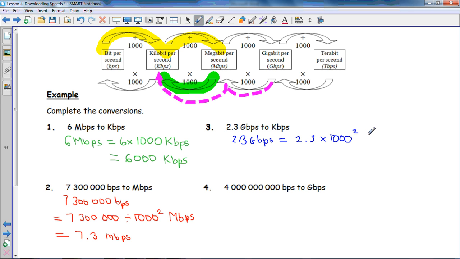Once again, you can do your power of 2, and that is going to give us an answer in kilobits per second. So when we do that, we're going to get 2,300,000 kilobits per second.